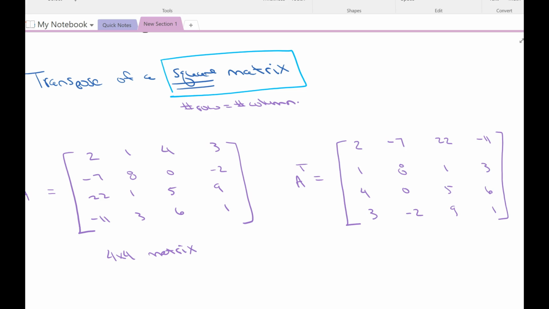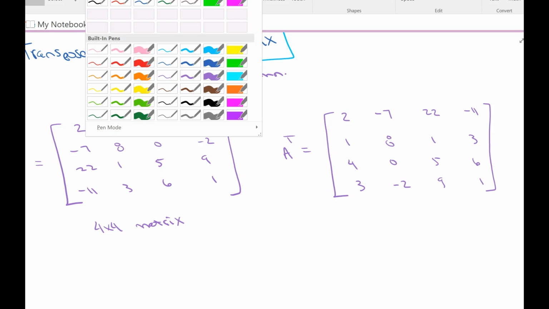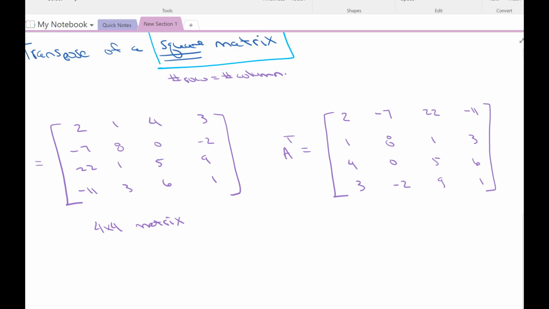Okay, here's the transpose. What's really cool about transposes of square matrices is this. Look at the main diagonal. When you transpose a square matrix, the main diagonal stays the same. That's called the main diagonal.